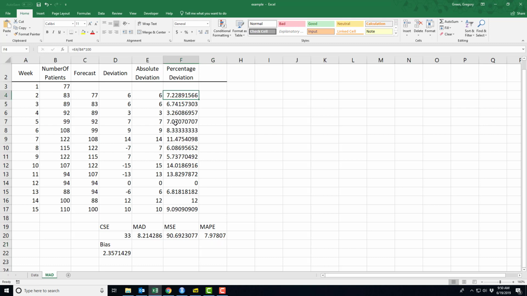Because as soon as we did this division, the units on these numbers went away. So with 83 patients, the absolute value is still off by 6 patients, but when I take the ratio of patients to patients, the patients go away, and I'm left with a unit-free measure. Unit-free measures, kind of like the elasticity measures in econ, if you recall, make it so that we can do comparisons across different types of products, different types of processes.